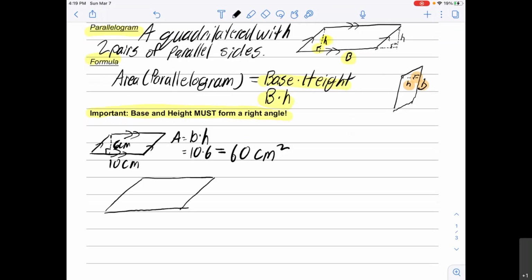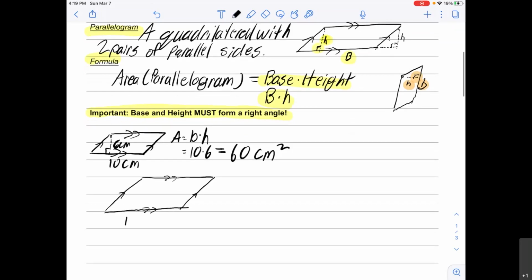Again, I have my parallelogram. The top and bottom are parallel to the two sides. But this time I could say, okay, here's 9.3 meters. And I could give you a line that looks like this on the side with that square there and call that 7 meters.